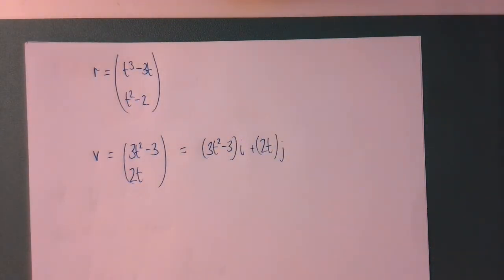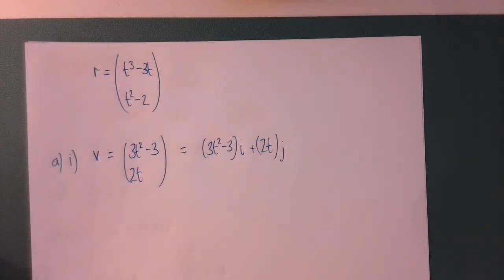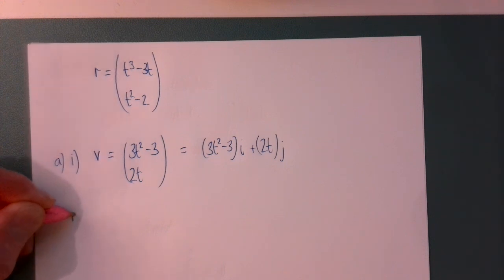So that was, sorry, I'll turn the page again. So that was part A1. So now we want the speed and direction of motion at the time when t is 3. Okay, so let's make t equal 3.